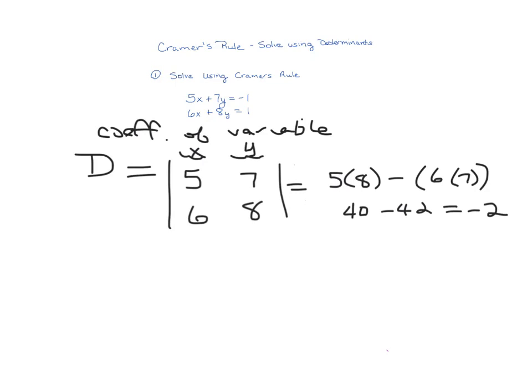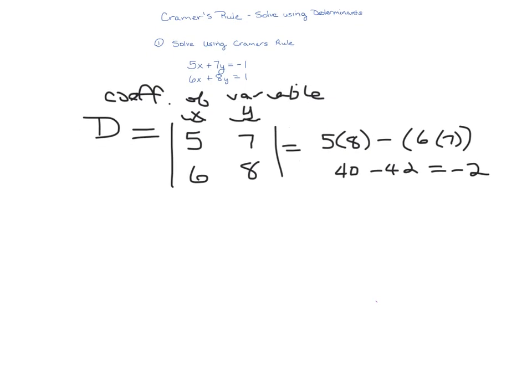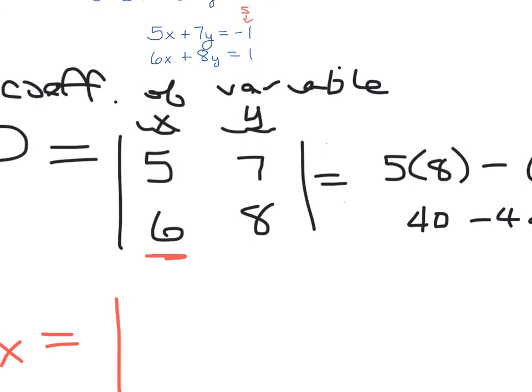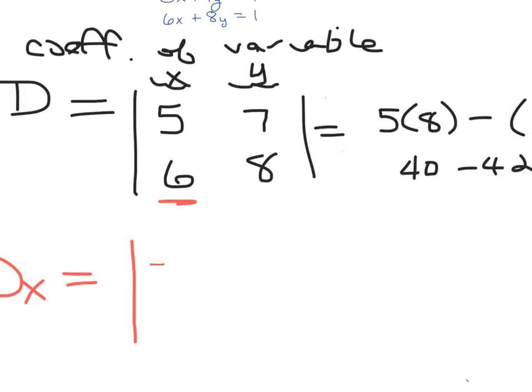I now need to set up another determinant, and I'm going to call this one dx. In my dx determinant, I am now going to replace this x column with the solution column. And in your original equation, these are the solutions down here. So instead of putting 5 and 6 in my column, I'm going to put the solutions, which is -1, +1.